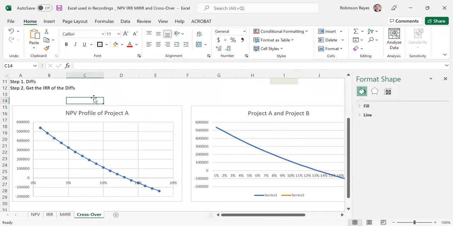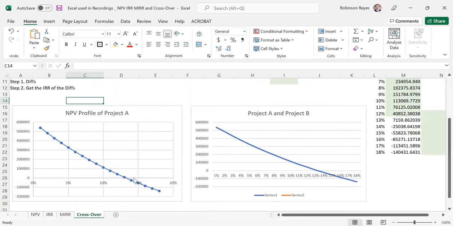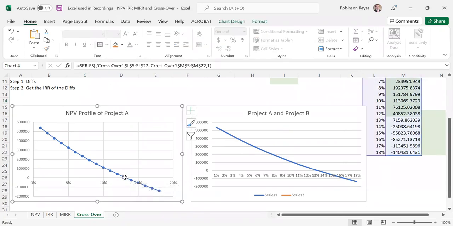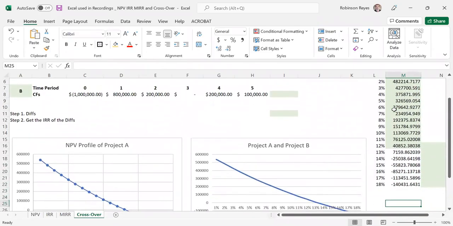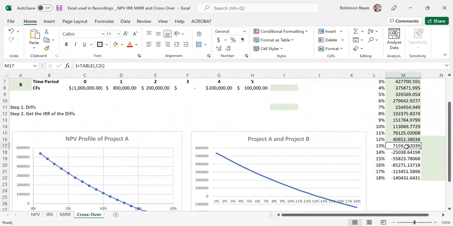So we already know the meaning of the internal rate of return, which is that rate that makes the NPV, the net present value, equal zero. If we look, this rate is going to be close to 13%. We can quickly see, looking at this data table, that after 13% the next value is negative, so 13 point something.